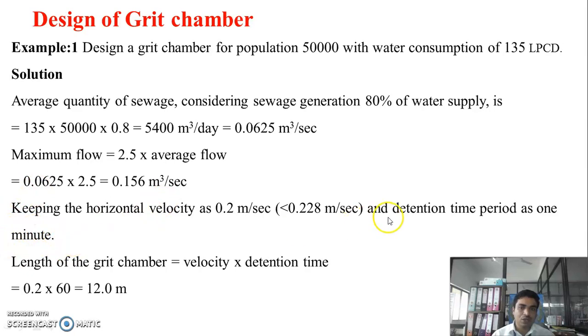First we calculate the length of the grit chamber. The length is horizontal velocity into detention time, that is 0.2 into 60 seconds, so the length is 12 meter.